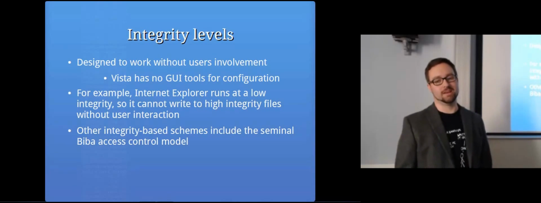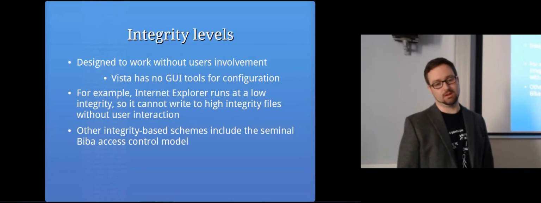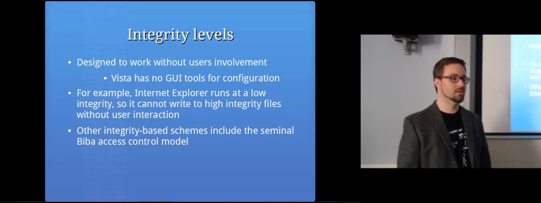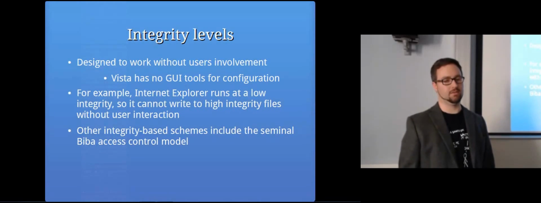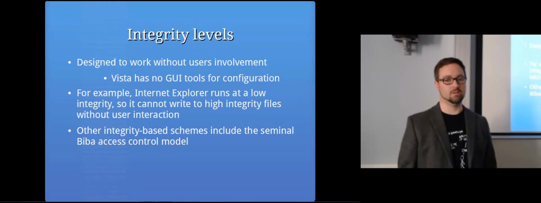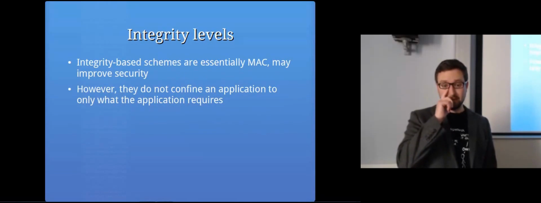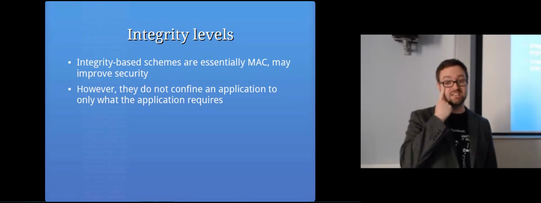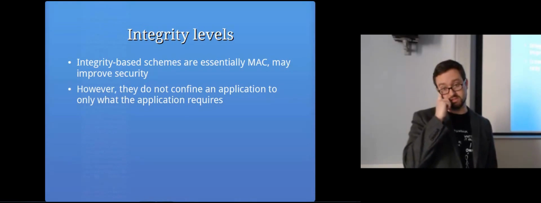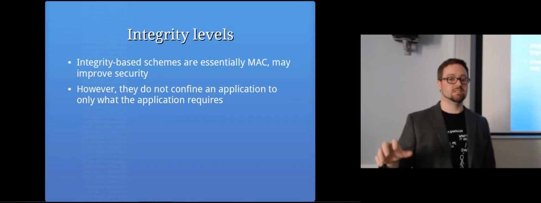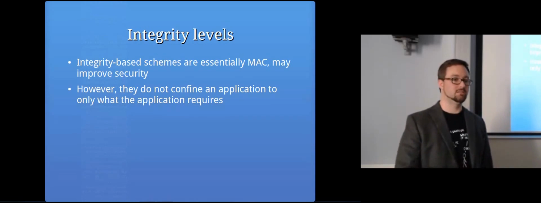So other integrity-based schemes are like the seminal Biba access control model, which was one of the first access control models around integrity, and I'm pretty sure we discussed that a few weeks ago when we were talking about access controls. So an integrity-based scheme is essentially a mandatory access control, and it might improve security, but it doesn't actually confine an application to only what it needs to be able to do.